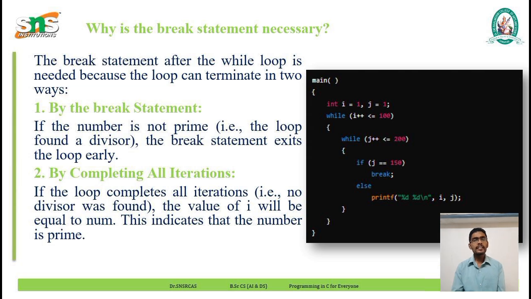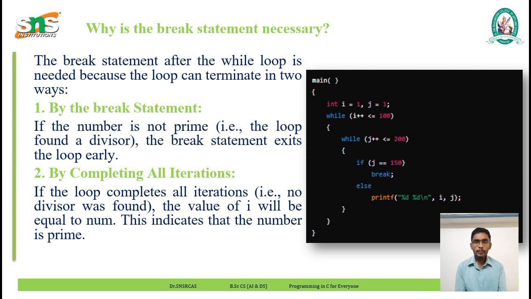Why is the break statement necessary? Here you can see the example. The break statement in the while loop from the example is needed because the loop can terminate in two different ways. By default, once the while loop condition becomes false, control comes out of the loop. Sometimes you can break voluntarily based on certain conditions by using the break statement.